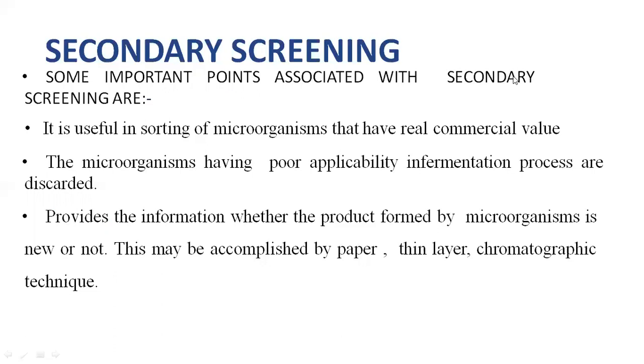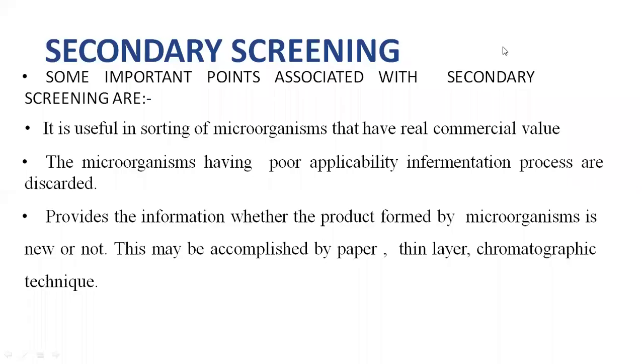Suppose during primary screening, if I am getting 10 different organisms which are able to produce organic acid, now I have to sort it out. A fermentation process cannot be run with 10 organisms. You have to follow only one, or you have to select only one.